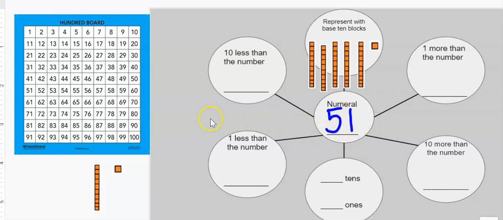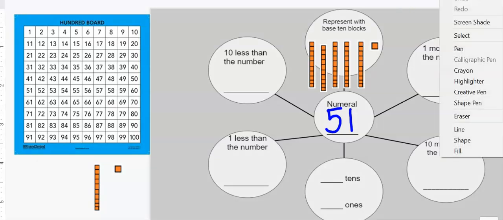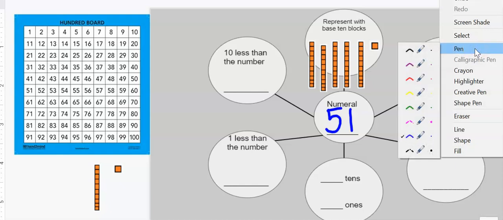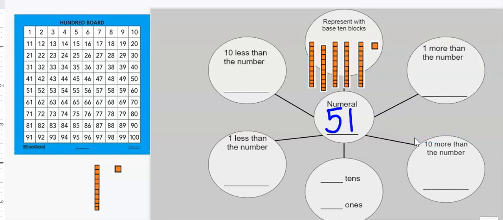Okay, so let's look at our 100 board. Can you find the number 51? Can you find it? Look really close. Here it is. I'm going to circle 51. What is 1 more than 51? That is correct. It is 52. What is 10 more than 51?